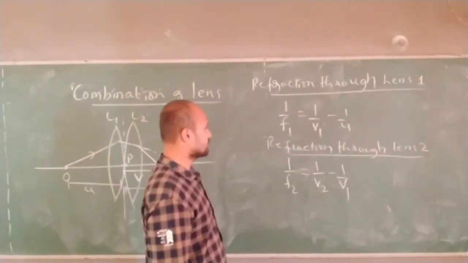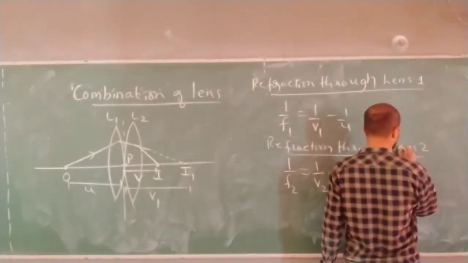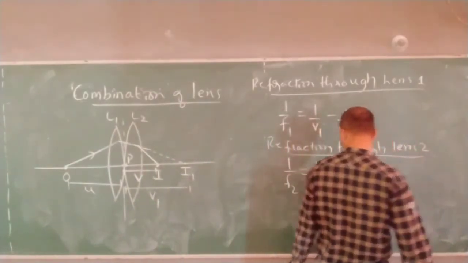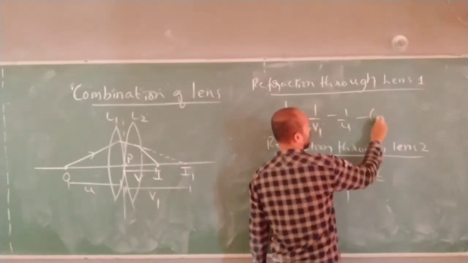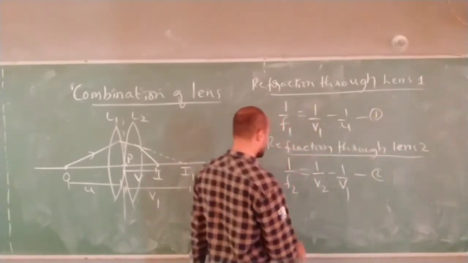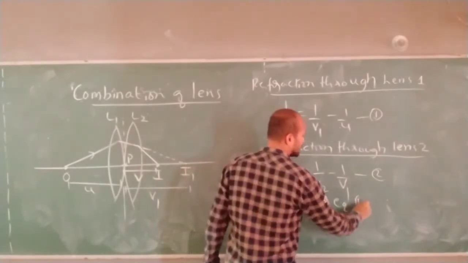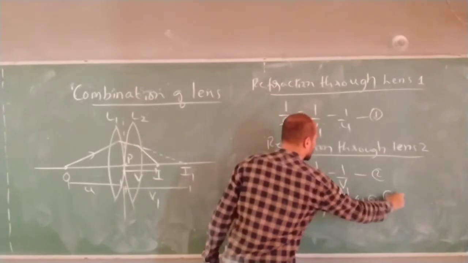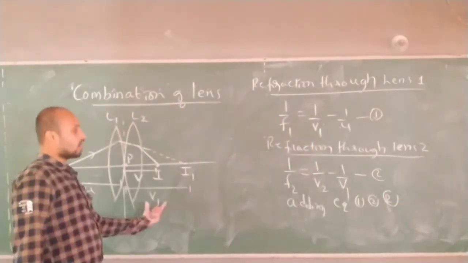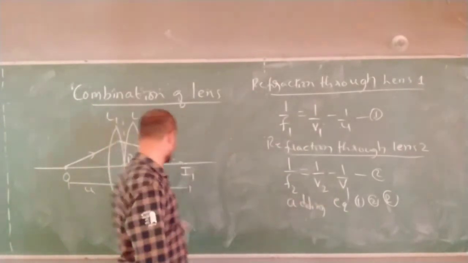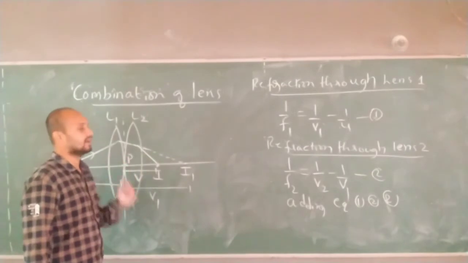Now what I can tell you, from equation 1 and 2, adding equations 1 and 2. Why have I taken object distance as v1? Because for this lens, this v1, I1, is the object for the second lens.